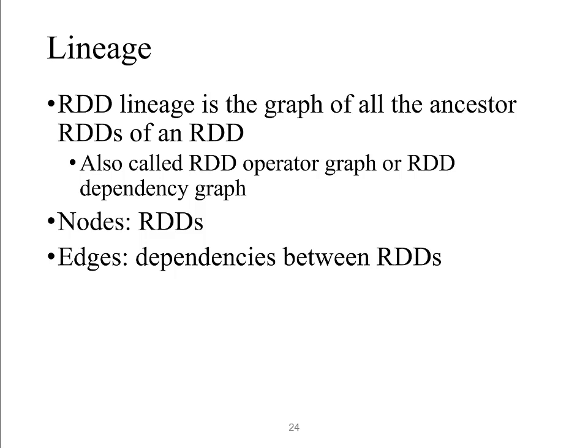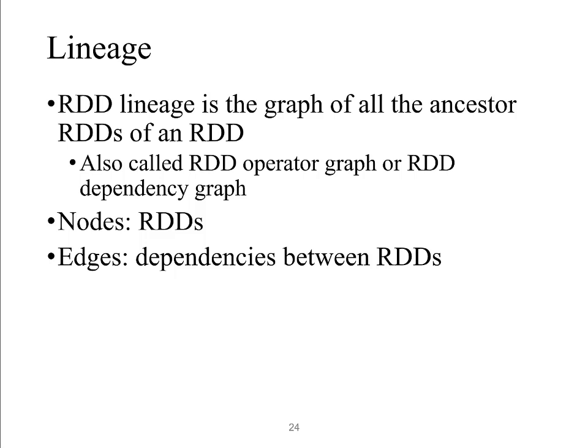Apparently this relationship between RDDs exists all over Spark. So RDD lineage is the graph of all the ancestor RDDs of an RDD. It is also called the RDD operator graph or RDD dependency graph.